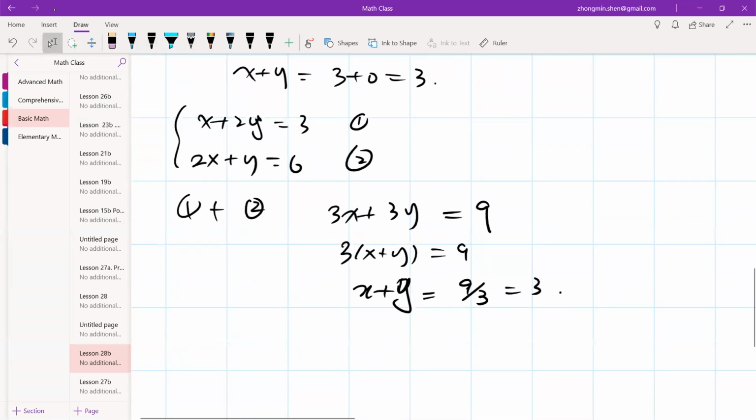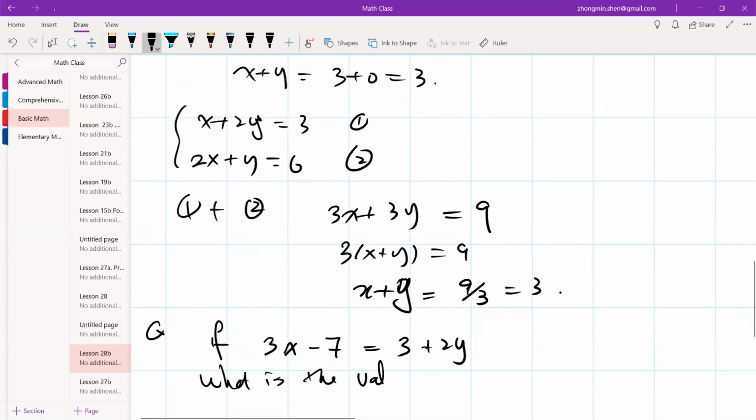And sometimes you are not able to find x and y. For example, you only have one equation: negative 3x minus 7 equals 3 plus 2y. My question is, what is the value of 9x minus 6y?